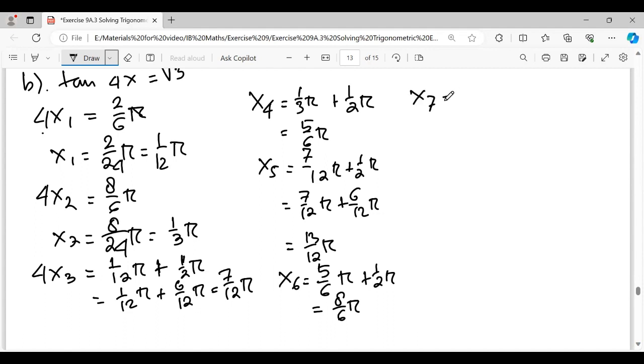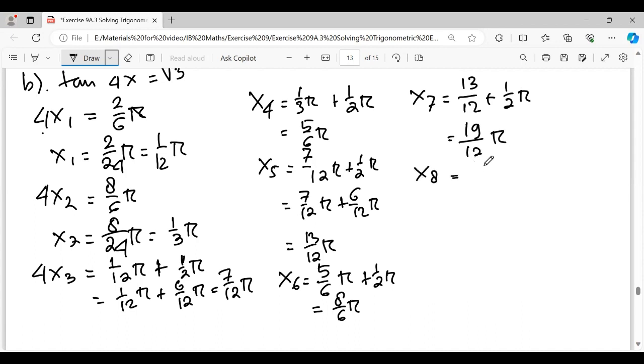X7, 13 over 12 pi plus half pi becomes 19 over 12 pi.